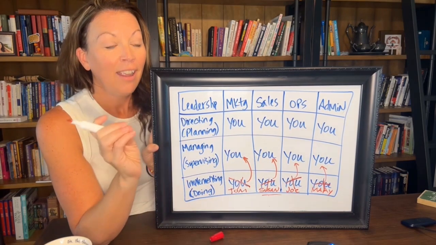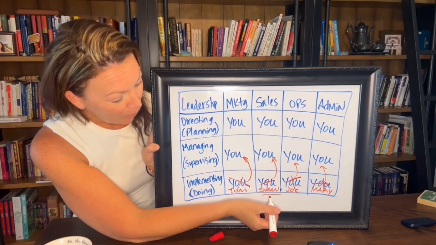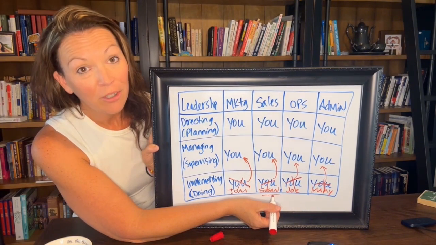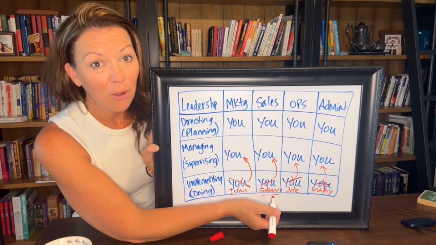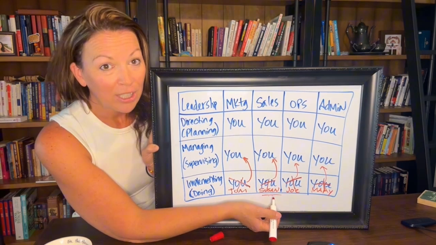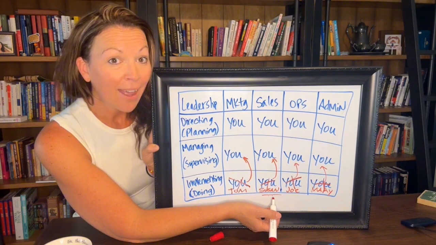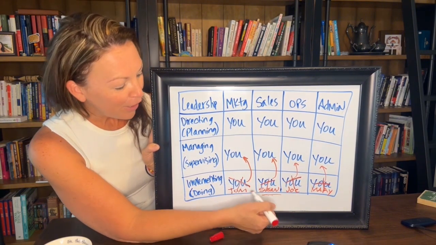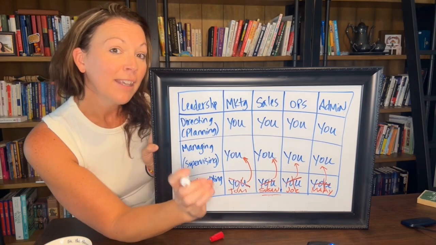Now, listen, once they take it, they own it. Okay, so once you put her in this position, she owns her sales follow-up. She owns the sales numbers. She owns all of those PRDs and processes and things that you've handed off to her. So don't take it back. That is hers. Same thing for the other positions. Once you hand them off to Tom, Joe, and Mary, that becomes theirs.